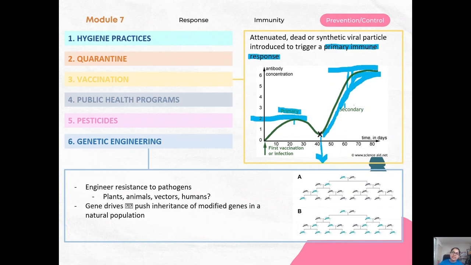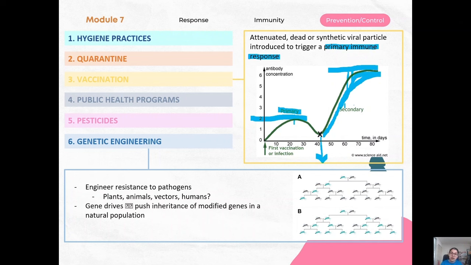Then there was quarantine, not going outside. If you're sick, stay home. Generally, we had everyone quarantine so that there's no exchange of pathogens. Vaccination was very important, and it was part of the public health program.